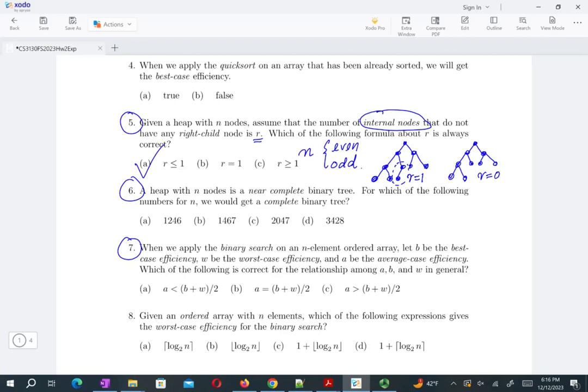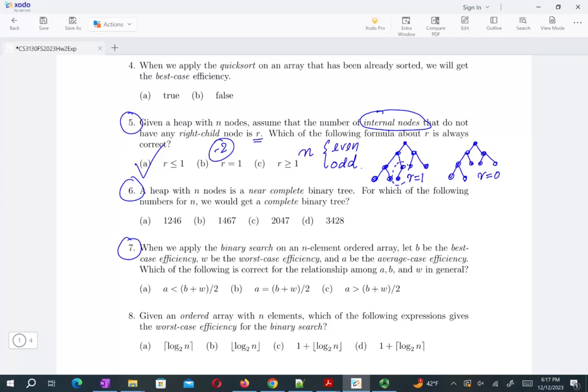So A is correct. B is partially correct, right? For B, you can say only when n is even, it's correct. So partially correct. If some students select B, I give partial credit, take away 2 points.